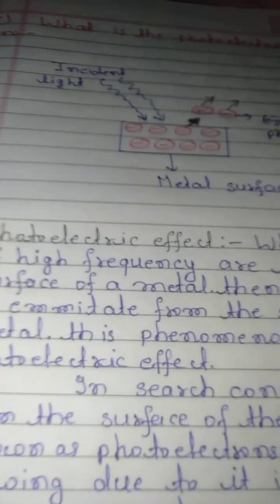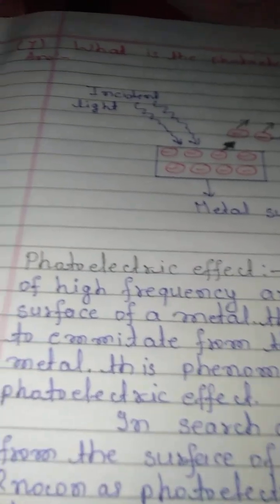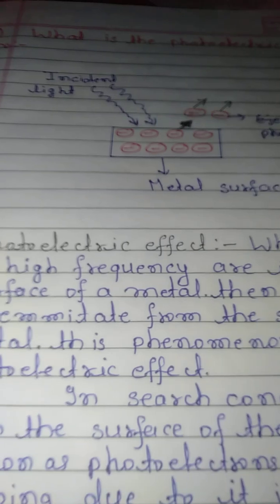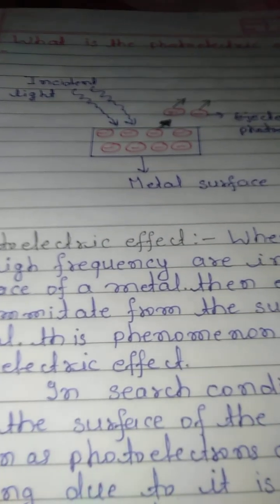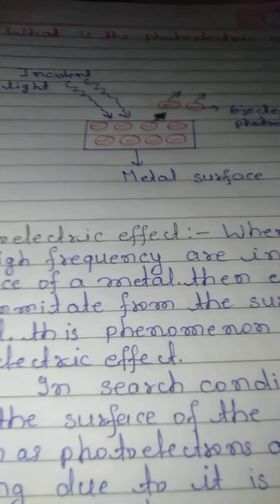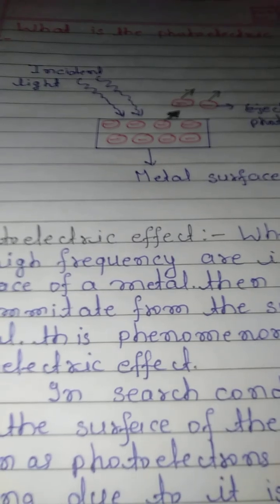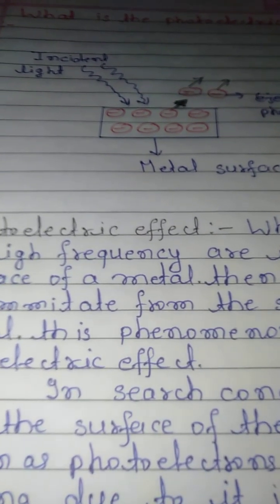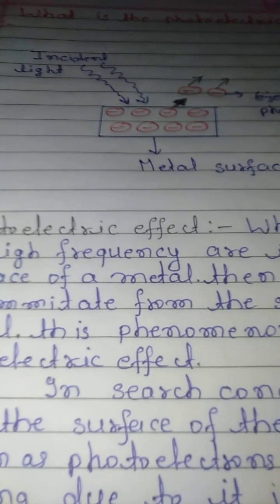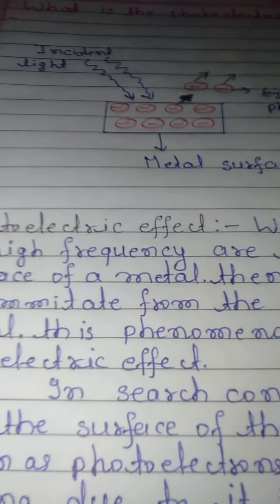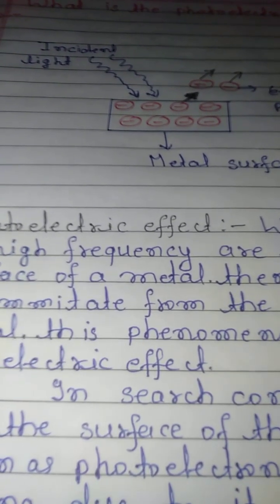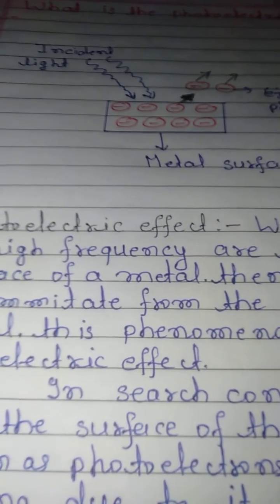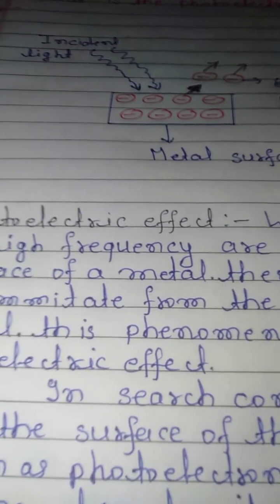My dear friends, we have talked about the photoelectric effect. What is the photoelectric effect? The photoelectric effect is a phenomenon in which high frequency light is incident on the surface of the metal, then electrons start to be emitted from the surface of the metal.